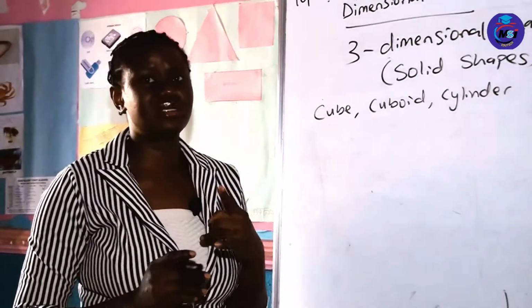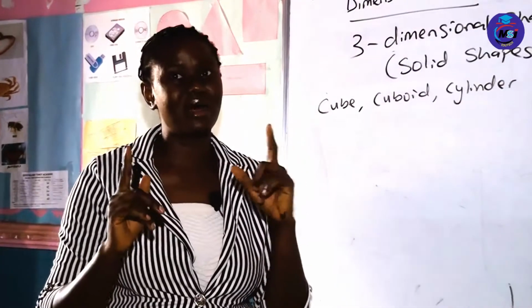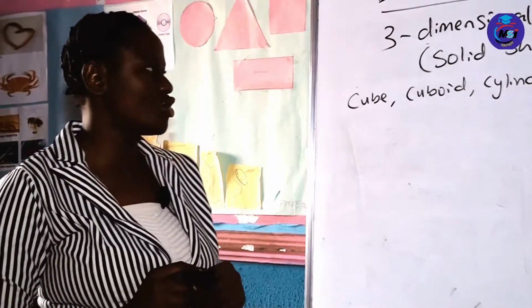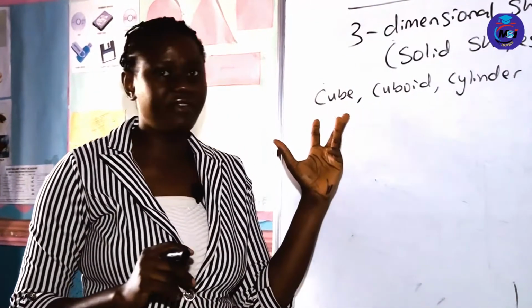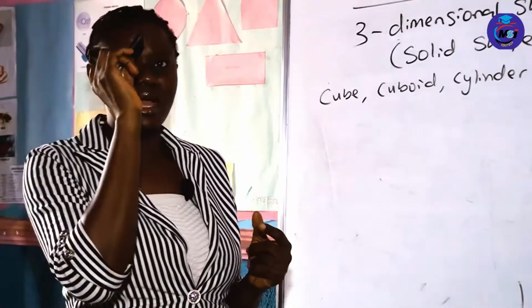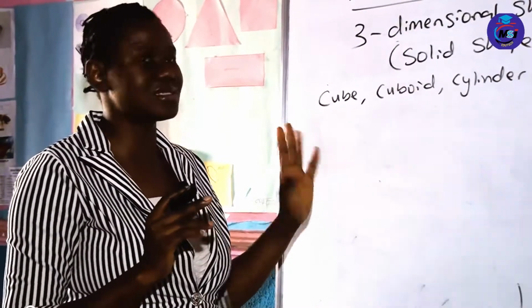Remember, I mentioned in the previous lesson that the basic shape of a cube is a square. So what I need to do is I measure a given length, say 10 centimeter, and I have to get 6 squares to get a cube.